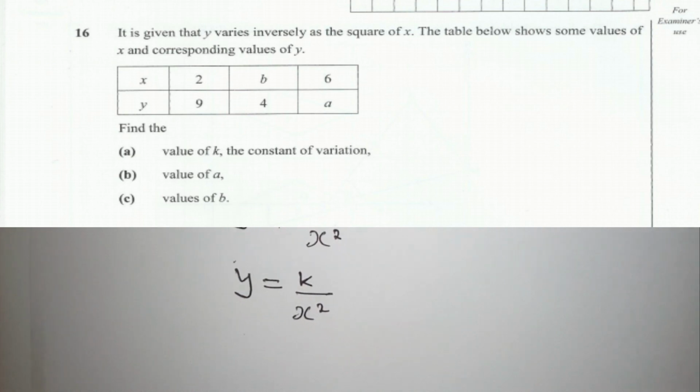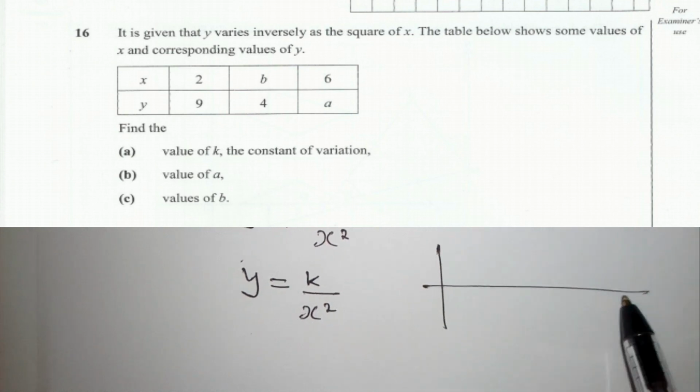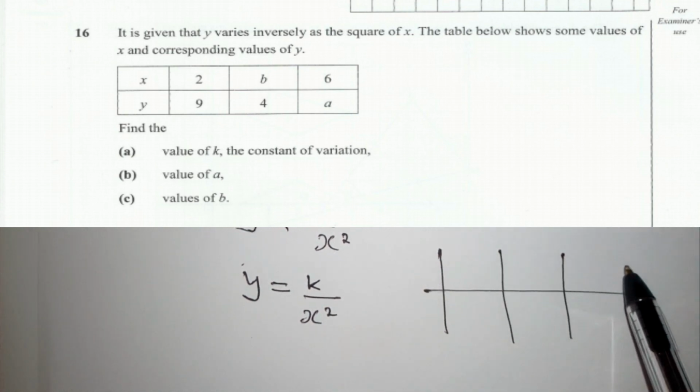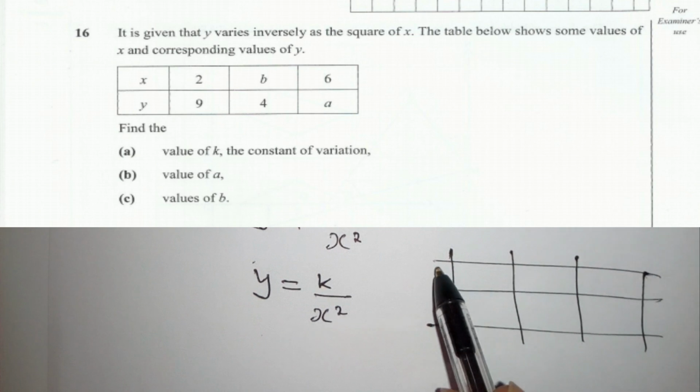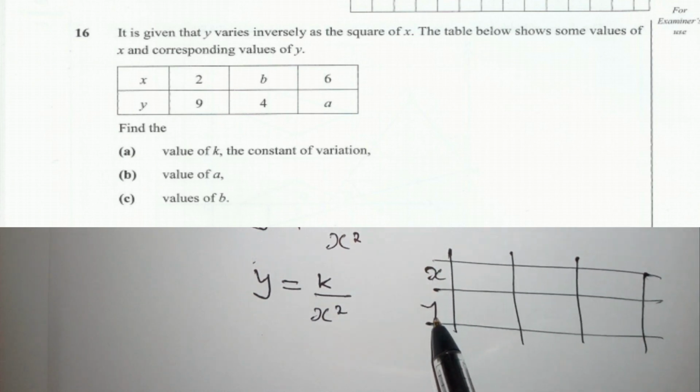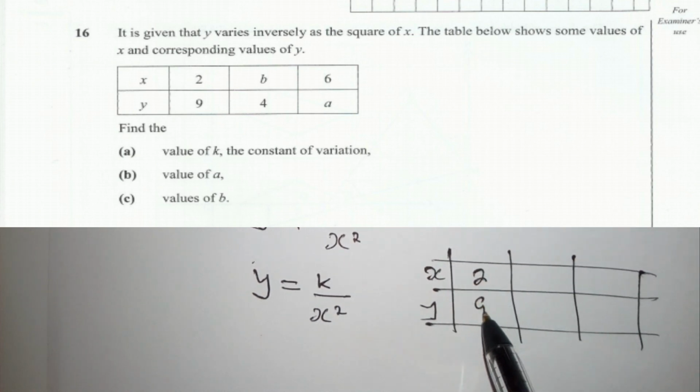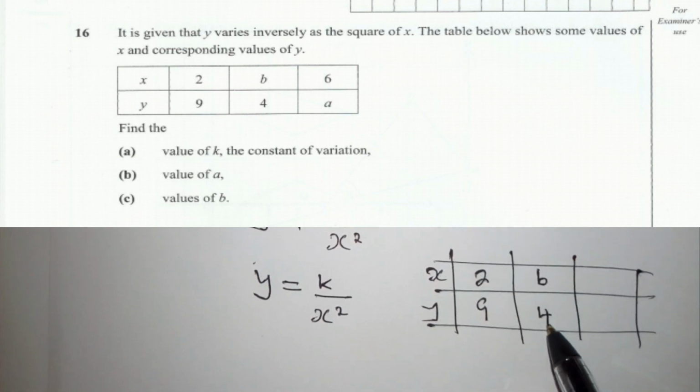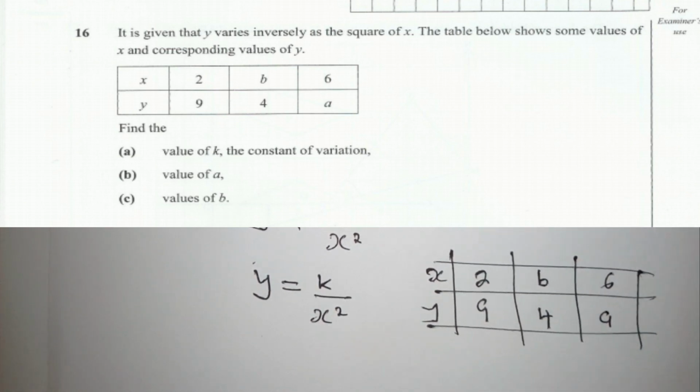All right, so we can check the coordinates. This is x, y. We have 2, 9, b, 4, 6, a.